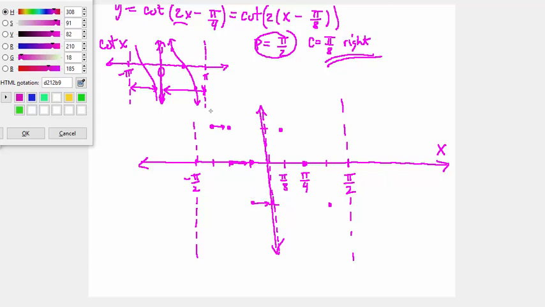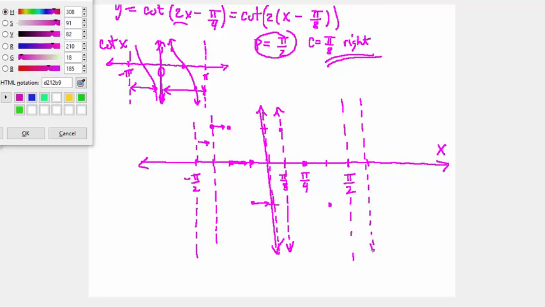Everything's going to the right, even the asymptote. So that first asymptote I'll drag over there. Second one is going to be dragged over here. Same thing with the third one. I'm going to add another marking there for that.